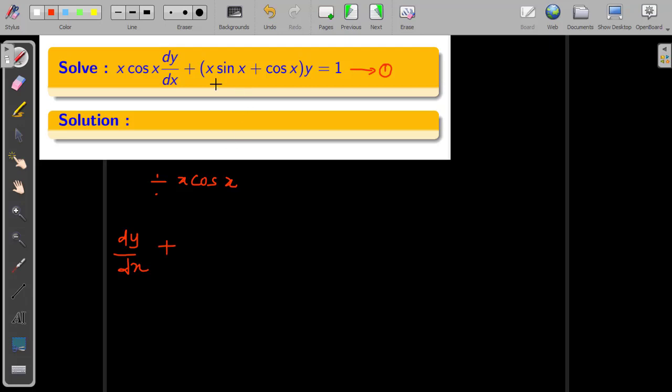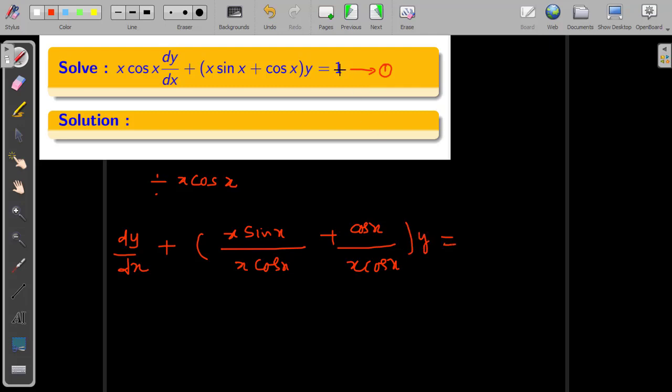Plus here there are two terms in this bracket. So divide each term by x cosine x, which means bracket open x times sine x divided by again x times cosine x. Again I have a second term here, cosine x is the numerator, the denominator is x times cosine x, times y equal to, on the right side we have 1.